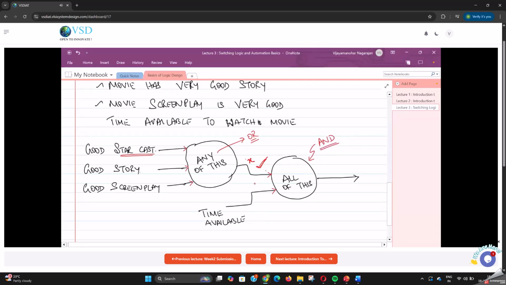That means X is met when star cast or story or screenplay is good. Now here I am looking at X is met and time is available. X is met means star cast is good or story is good or screenplay is good, and time is available. You watch the movie.